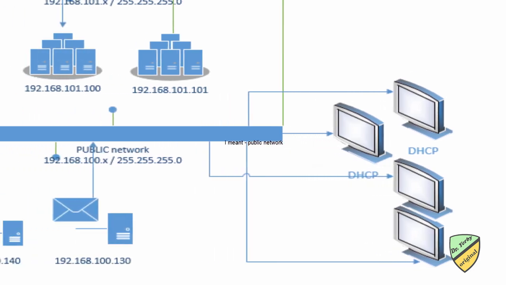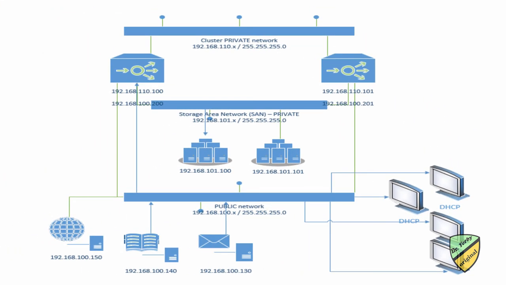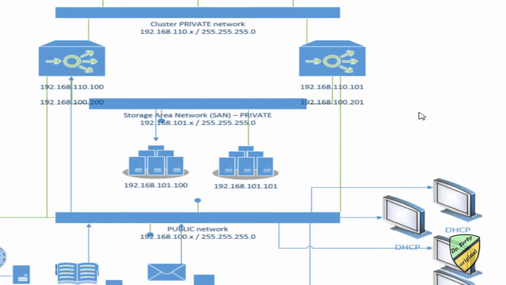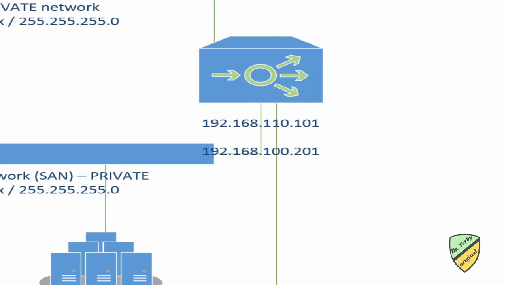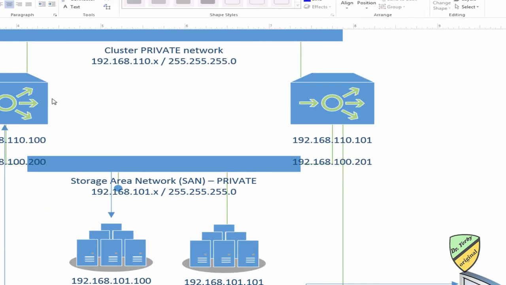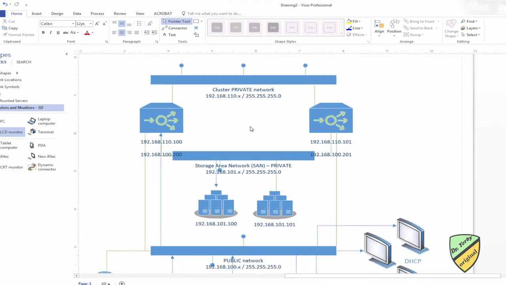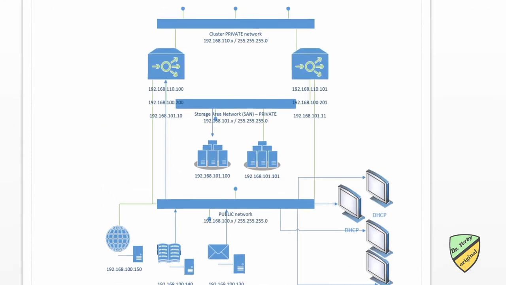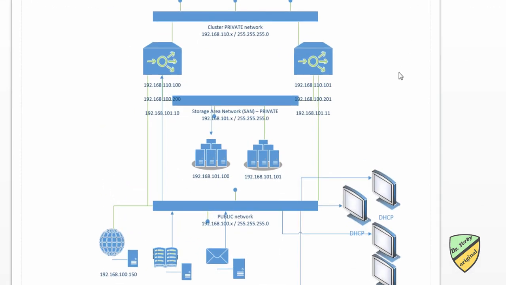Okay, so now we can see that these all can communicate. I still need to go in and add the other NIC so that I can communicate from this cluster here to the private network, to the SAN, and to the public network. So now I have all three of these addresses in here.